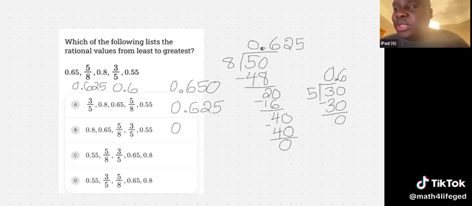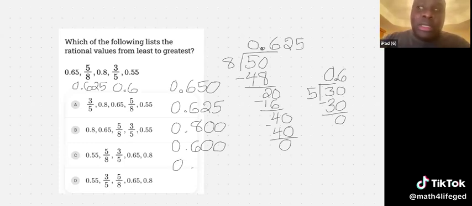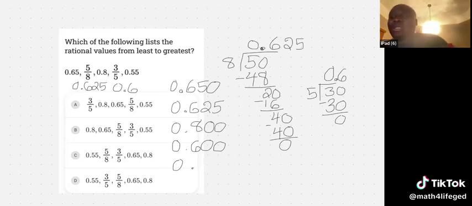We just add as many zeros as we need. 0.6 is 0.600. Boom. 0.55, my apologies, let me go back one step. 0.55, so I add a zero, just like this, right?